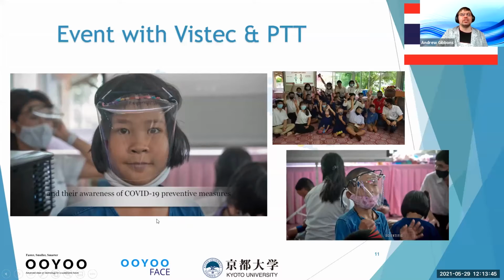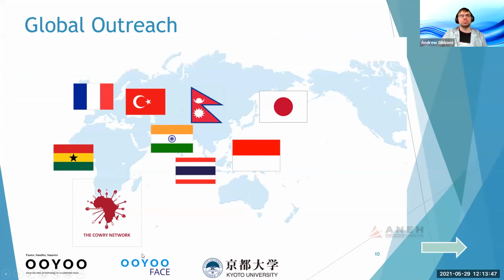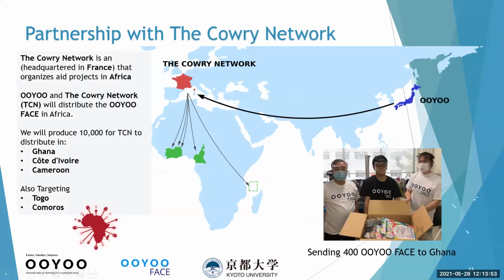And then one of our major collaborations has been with the Cowrie Network. The Cowrie Network is headquartered in France, but organizes aid projects for places in Africa. We arranged with them to make 10,000 OOYOO Face shields and send them to the Cowrie Network, and they are distributing them to countries in Africa.